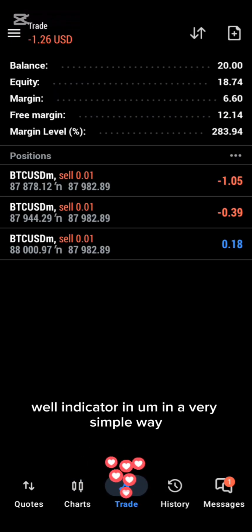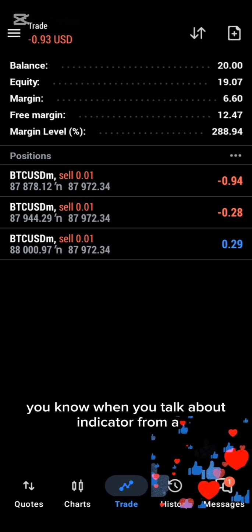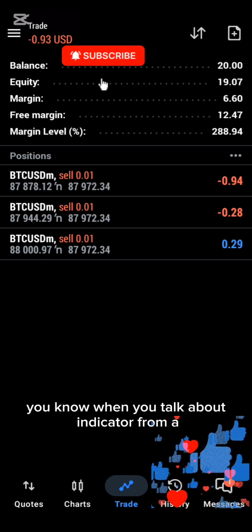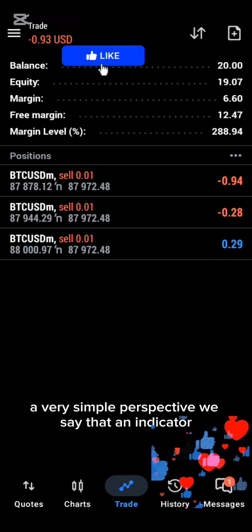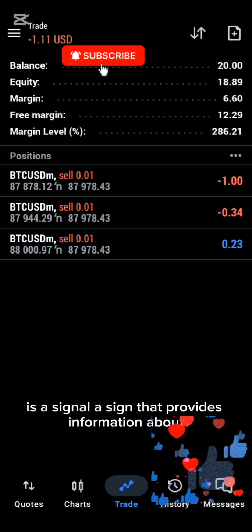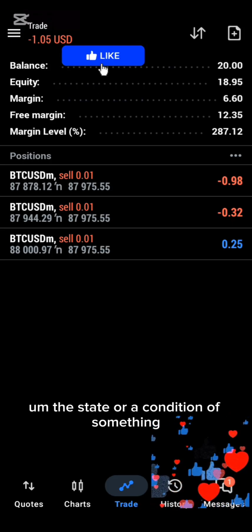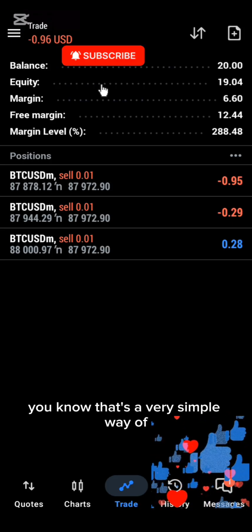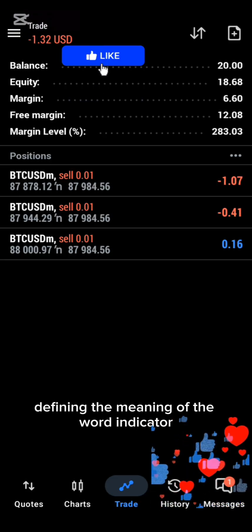In a very simple way, an indicator is a signal or a sign that provides information about the state or a condition of something. That's a very simple way of defining the meaning of the word indicator.